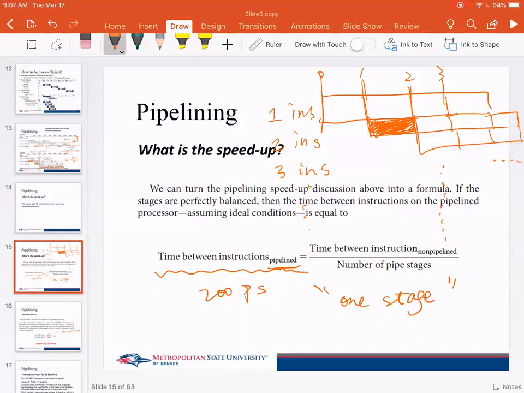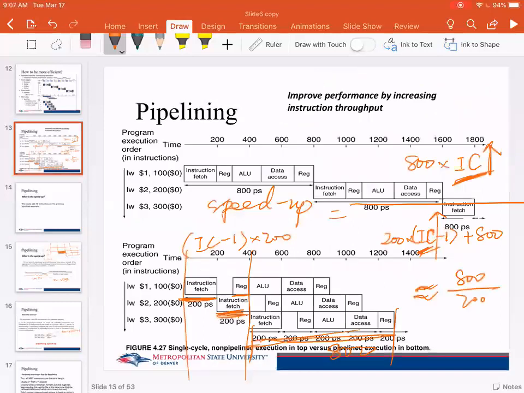However, for the previous example, because we have different stages with different lengths, the longest stage could be 200 ps, and overall I need 800 ps for the full instruction. So ideally, if you have 5 stages, then one stage can be as small as 800 divided by 5. But this is an ideal case, which is actually not happening here.